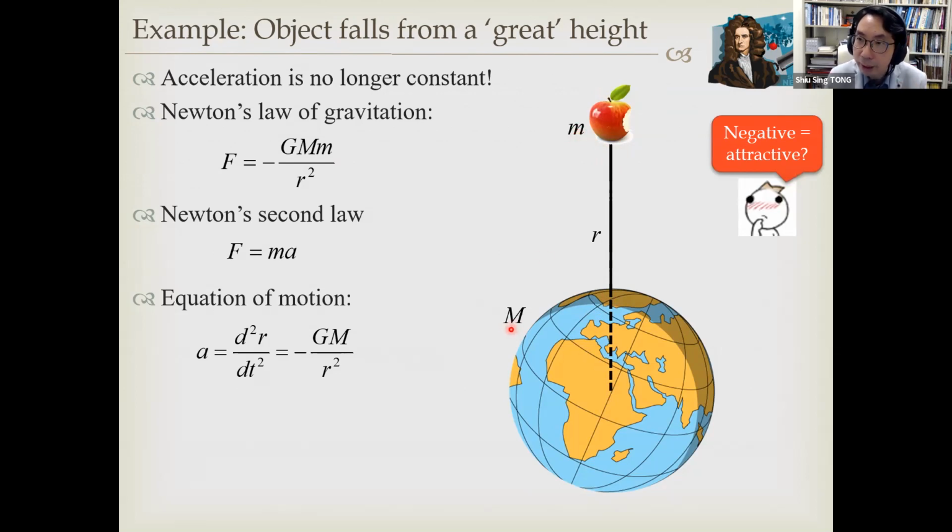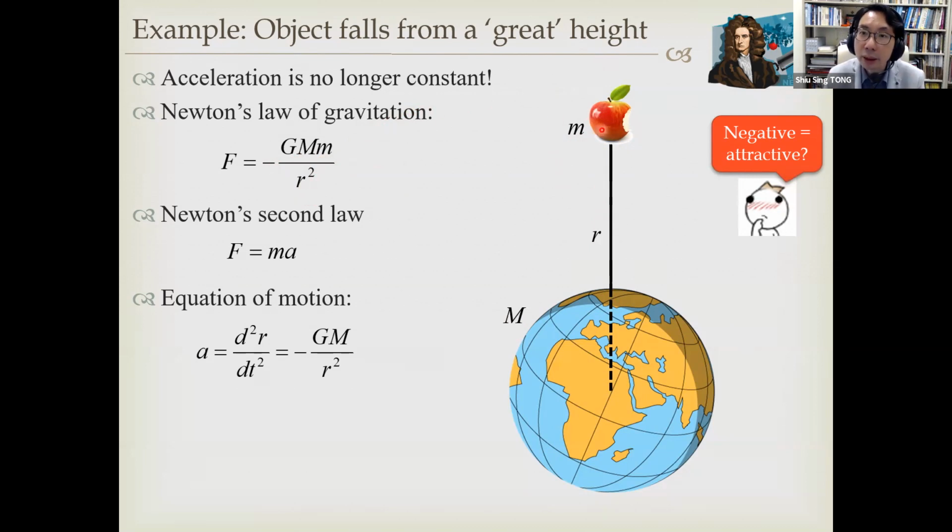The mass of the Earth is big M, and the gravitational force between them is minus GMm over r squared. Here I put a minus sign because the force is attractive. Because the increasing direction of r is outward, so an inward attractive force should be negative. Okay, so that's why I put a minus sign.